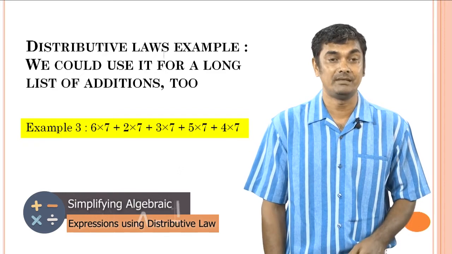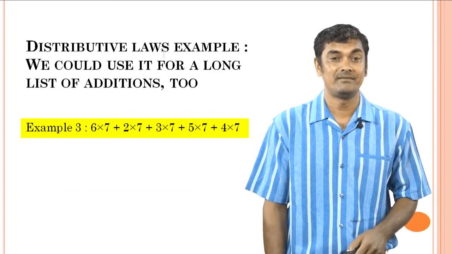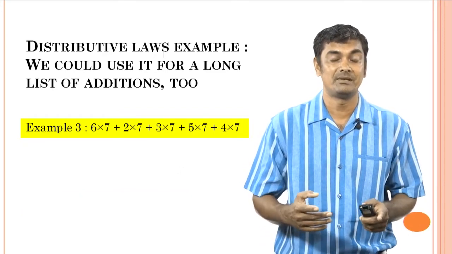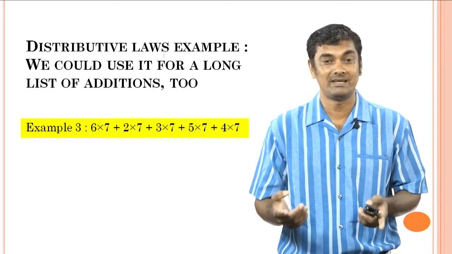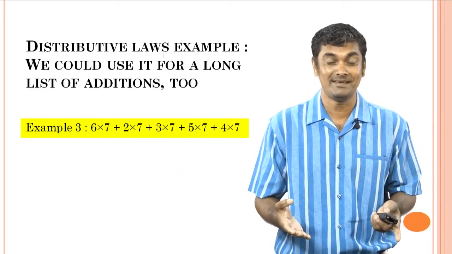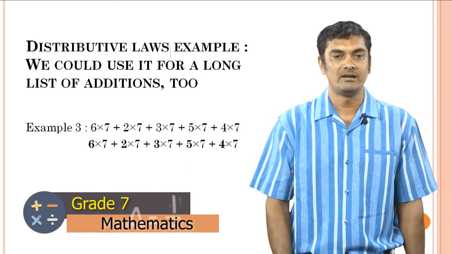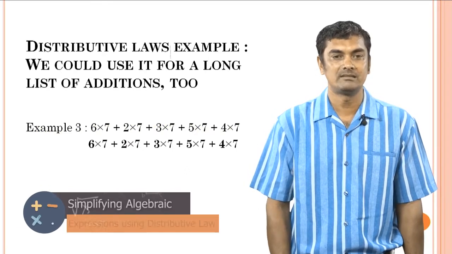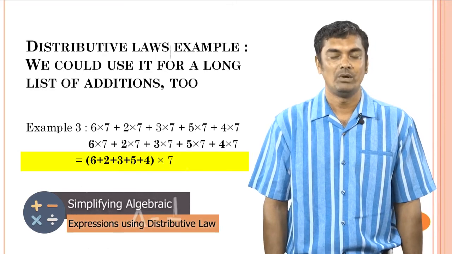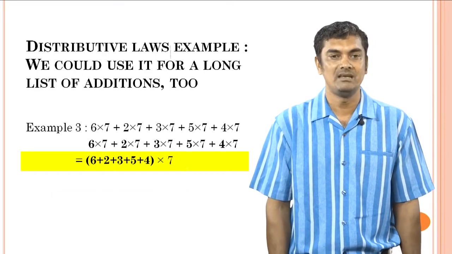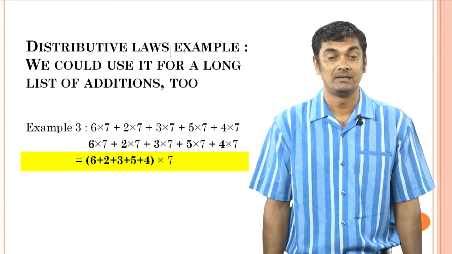Quite easy. Another example. We could use it for a long list of additions too. Look at this example here. 6 times 7 plus 2 times 7 plus 3 times 7 plus 5 times 7 plus 4 times 7. You would have seen the common factor among all these terms is 7. When we take out 7, the remaining values, we can sum them.